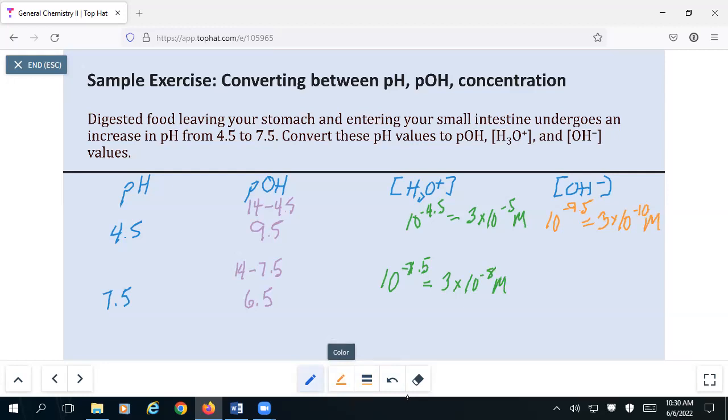And then 10 to the negative 6.5 for the hydroxide would be 3 times 10 to the negative 7th.